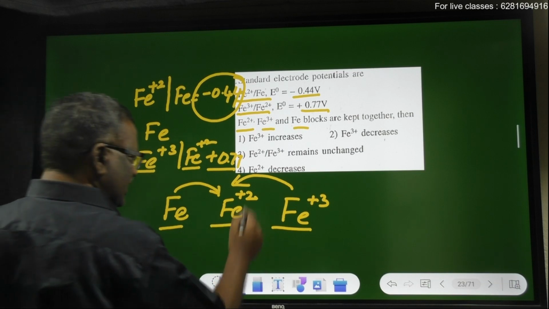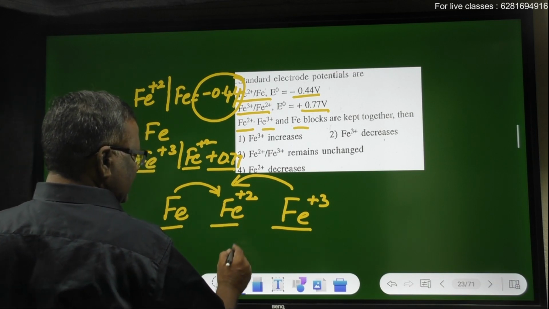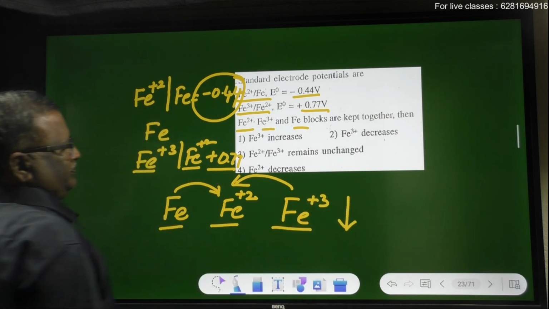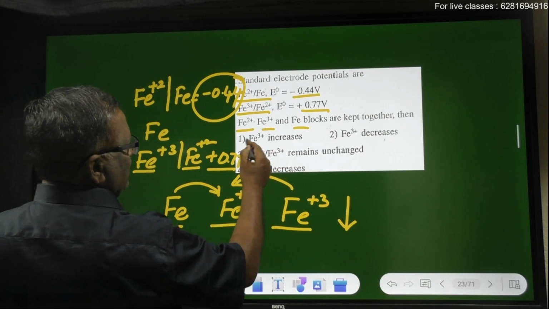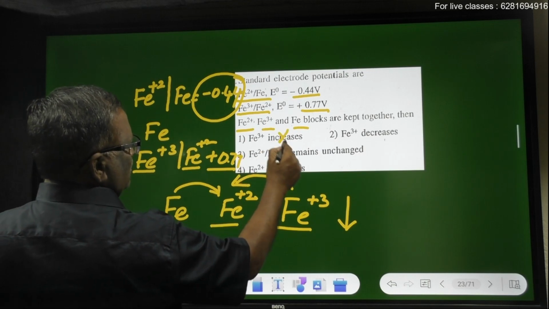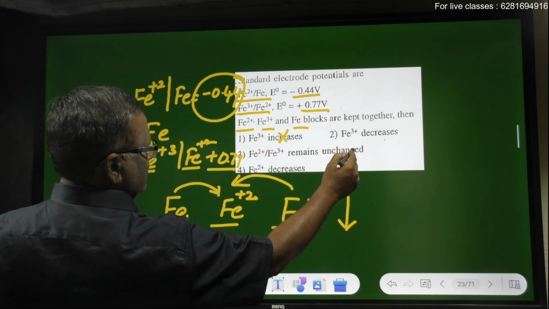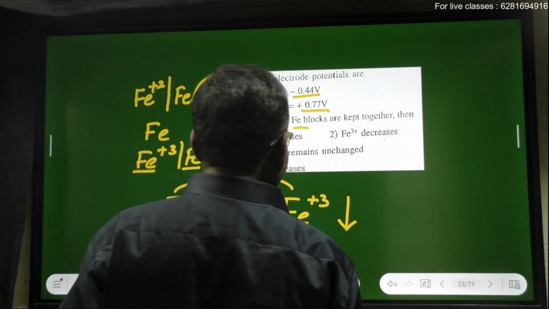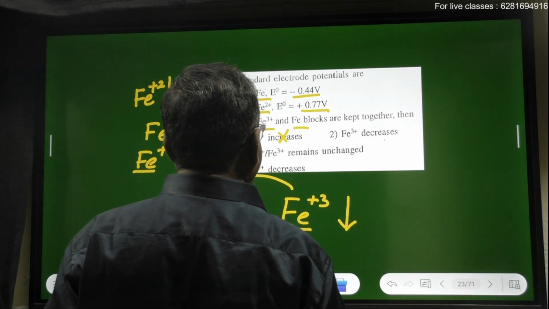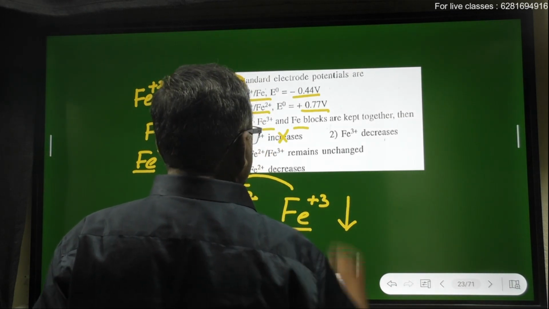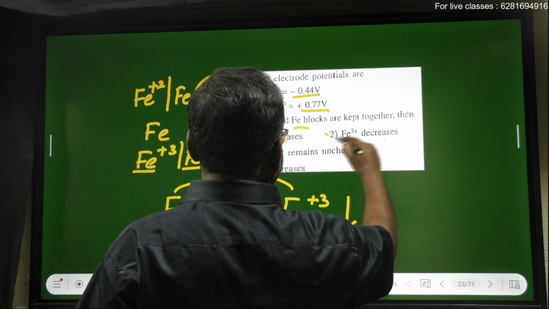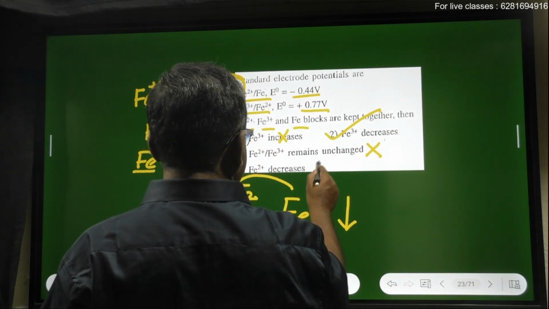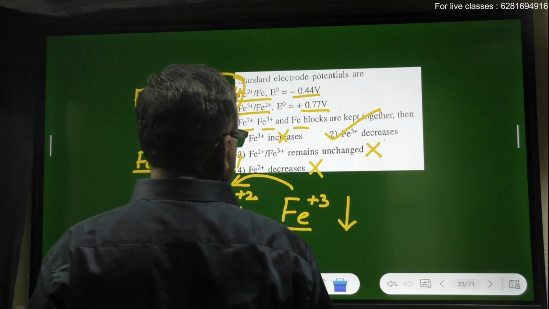That means the concentration of Fe plus 2 is increasing and Fe plus 3 is decreasing. So in these options, Fe plus 3 increases is wrong. Fe plus 3 decreases, this is correct. Fe plus 2 remains unchanged is wrong. Fe plus 2 decreases is also wrong. So the second option is correct.